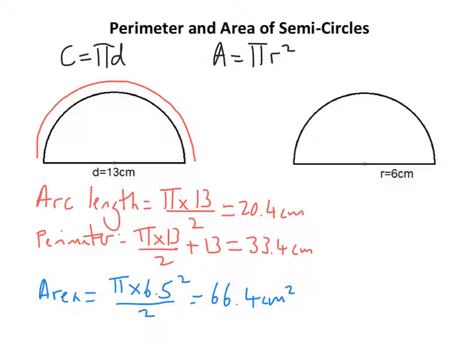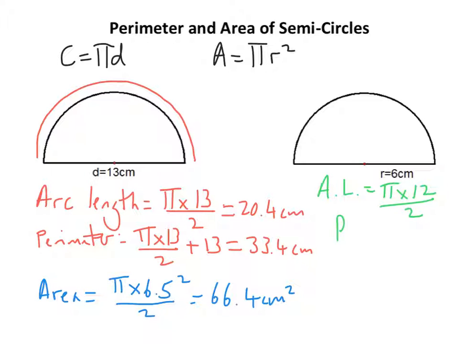Now if I was looking at the second one, if I was to find the arc length, AL, it's going to be pi times 12 over 2. Whatever that is, you stick that in your calculator.